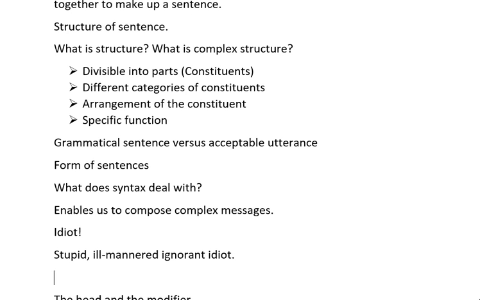First, it was one word, idiot, then he said stupid, ill mannered, ignorant idiot. So these four words combine into a phrase. We call it a phrase.